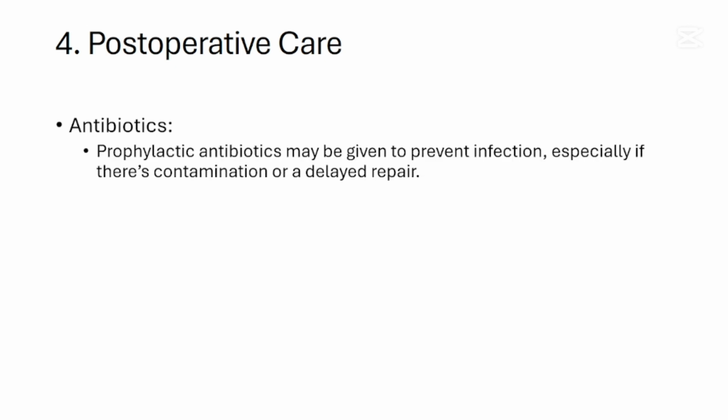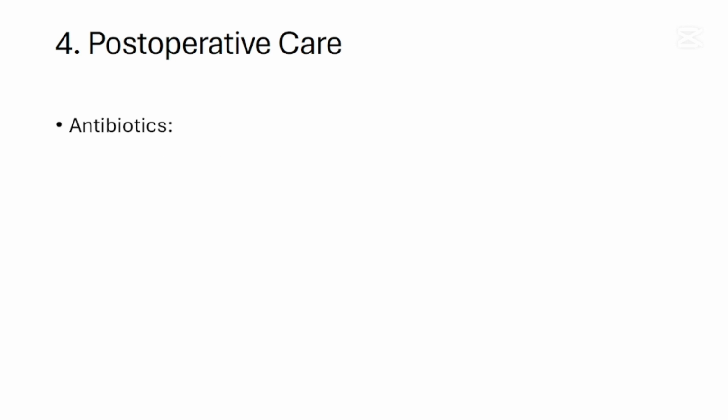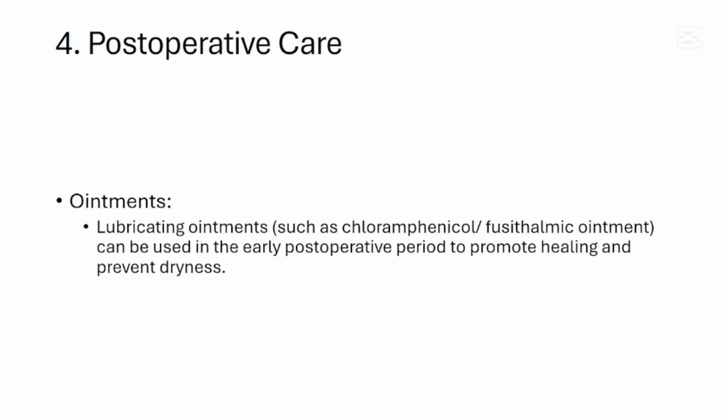So for post-op care, you need to give some antibiotics. Prophylactic antibiotics can be given to prevent infection, especially if you suspect contamination or if the repair is delayed. Then ointments you can apply for lubrication, because moist wounds heal well and to prevent dryness.